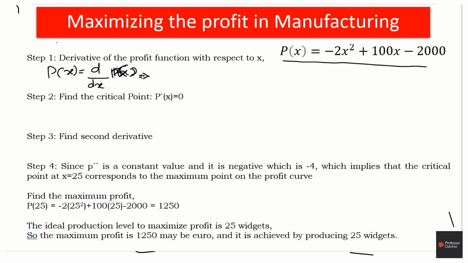Here we use the power rule: base power minus 1. So minus 2 times 2 times x power minus 1, plus here 100, the derivative of x is 1.